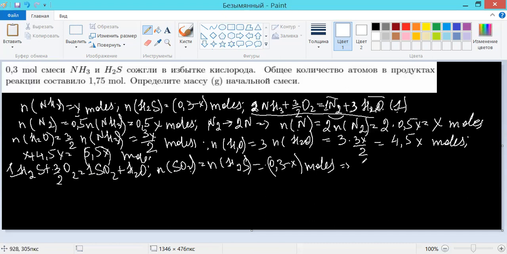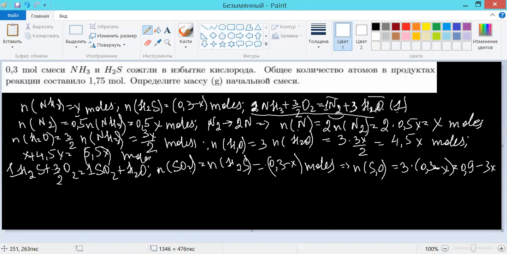For that reason, we should multiply the amount of SO2 by 3, and by doing this, we will get the amount of the atoms, okay?